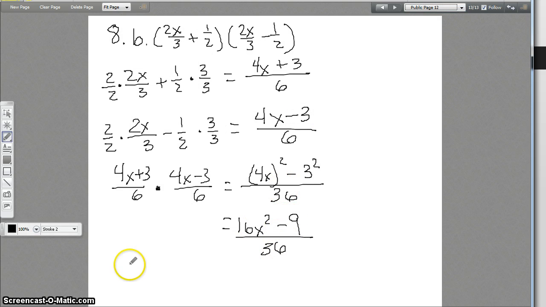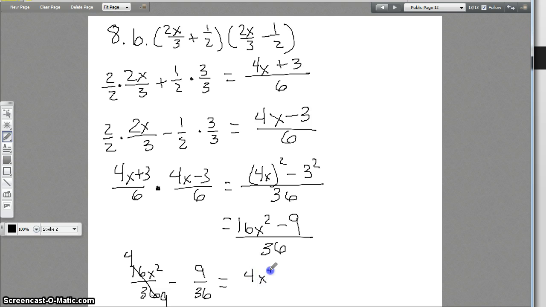If we break this up into two fractions, we have 16x squared over 36 minus 9 over 36. Okay, 16 and 36. Those both have 4 as a common factor. So if I divide the numerator and the denominator by 4, 16 divided by 4 is 4. 36 divided by 4 is 9.